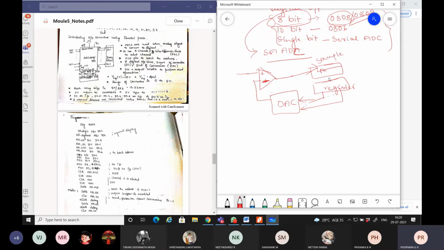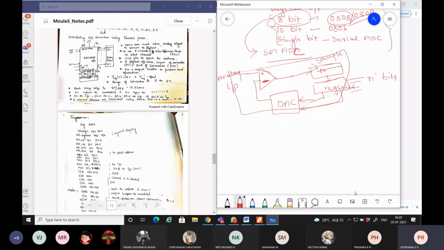Now the output of this sample and hold circuit will be given to a register, and this register output will be the digital output of n bits we will be considering. This is the actual circuit diagram, and the analog input we will give at this particular terminal.